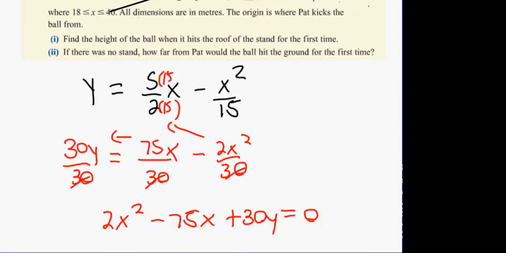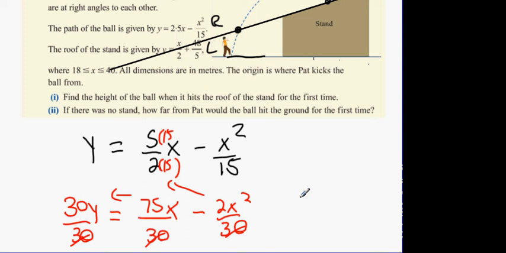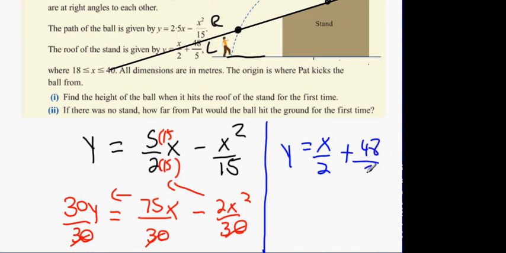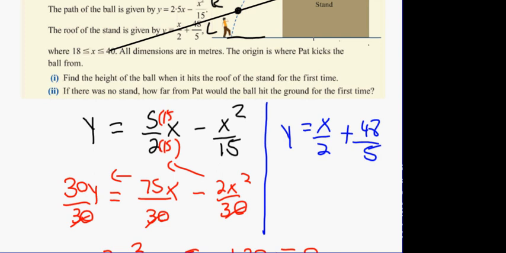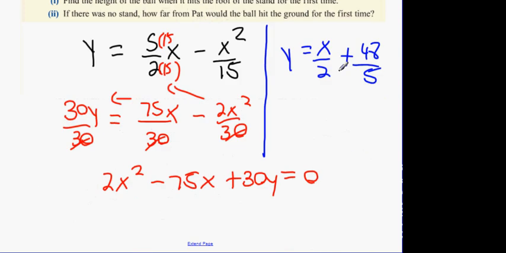Now I've got to look at the linear equation, which is y equals x over 2 plus 48 over 5. It's already ready to use. All I have to do is replace y with that.